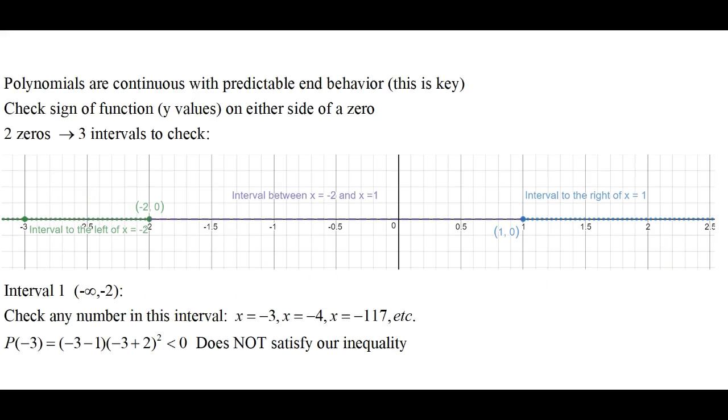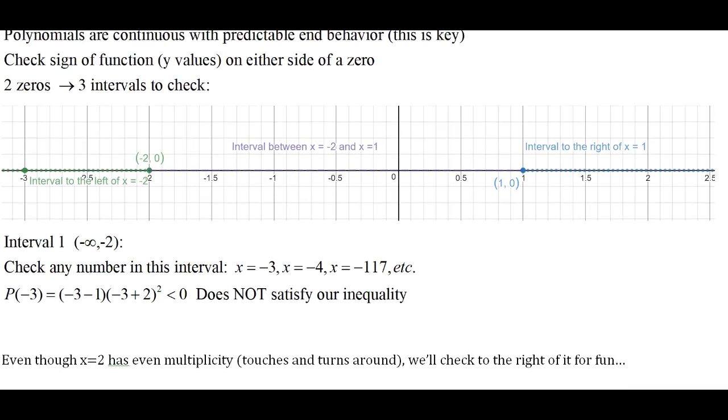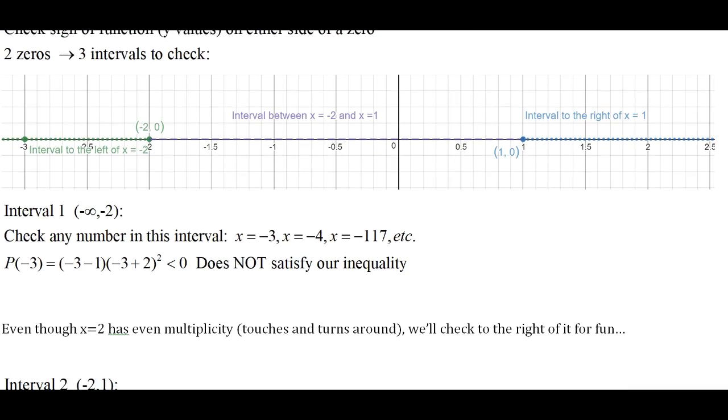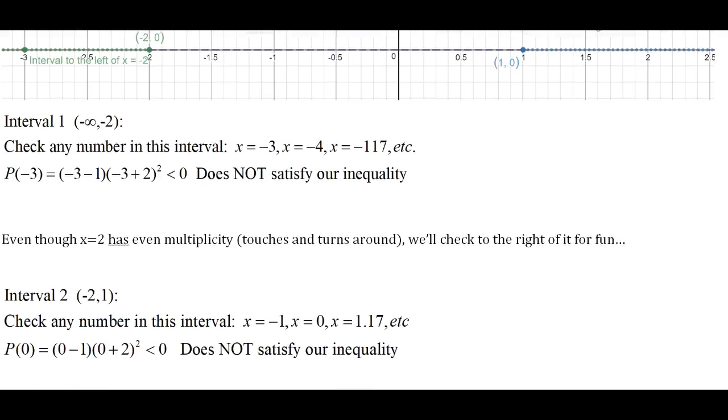Now remember, x equals minus 2 had a multiplicity of 2. So that's telling me that since the y values were negative to the left of minus 2, they're going to be negative to the right of minus 2 as well. But we'll just check that interval between minus 2 and 1 for fun.